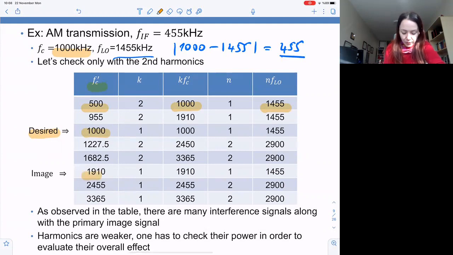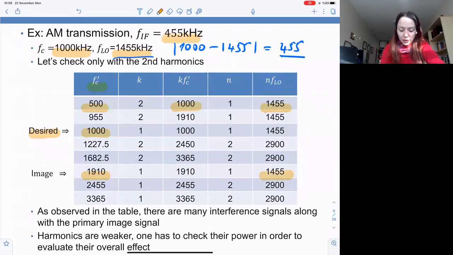How about, think about this one, 1,910 kilohertz. That signal, the signal at 1,910 kilohertz, is directly picked up, even if there is no nonlinearity, as an image, because 1,910 minus 1,455 is going to give 455.